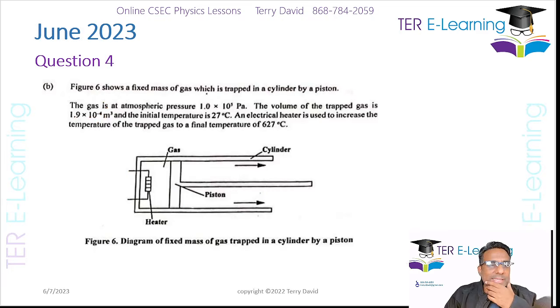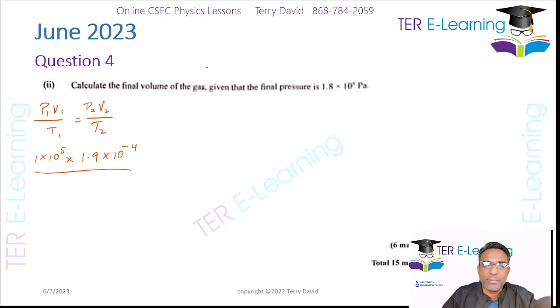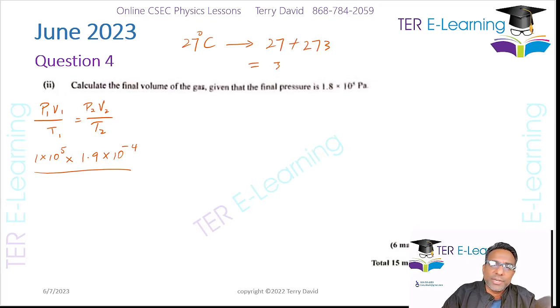Now, and I always tell my students this, when you're doing the gas laws, you've got to make sure to convert your temperatures into Kelvin. If you didn't do that, that's a problem. So 27 degrees, if you convert that, you're going to say 27 plus 273, and that's going to give you 300 Kelvin, right? So you have to do that conversion. If you don't, you're going to get it wrong. So it's 300 Kelvin here, all over P2.